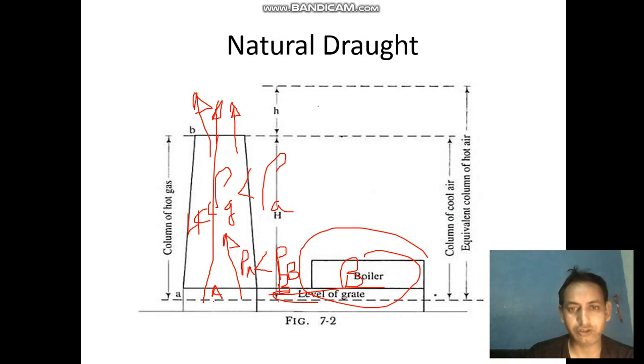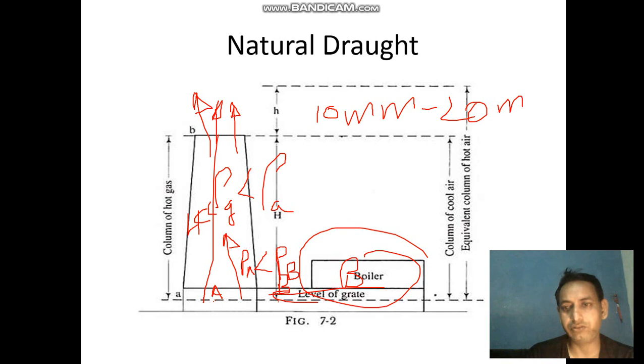The value of this draught is normally 10 mm to 15 or 20 mm of water column. This is the limitation. We cannot increase the pressure draught beyond 20 mm.